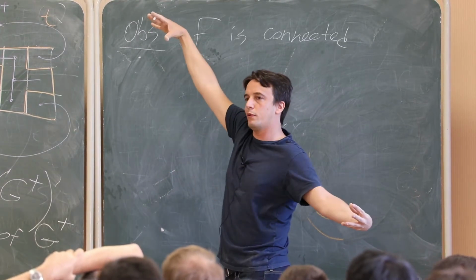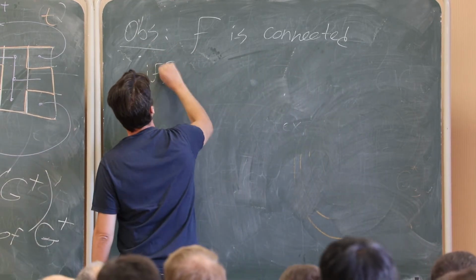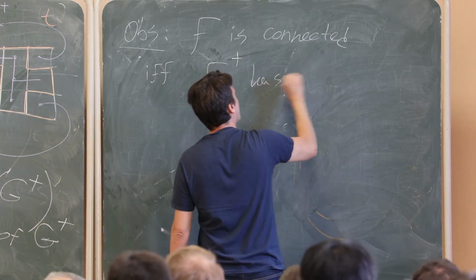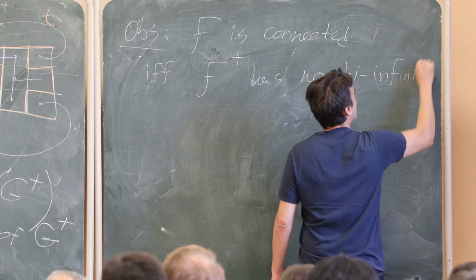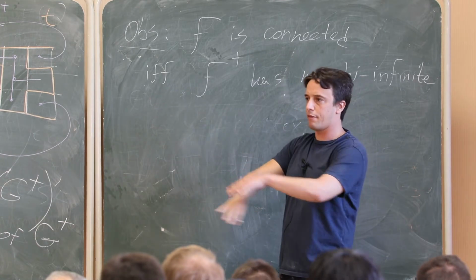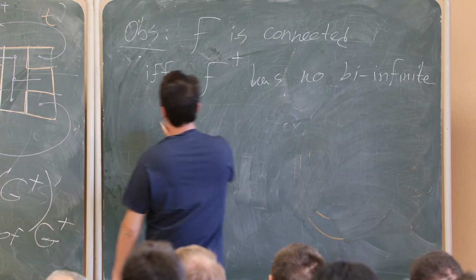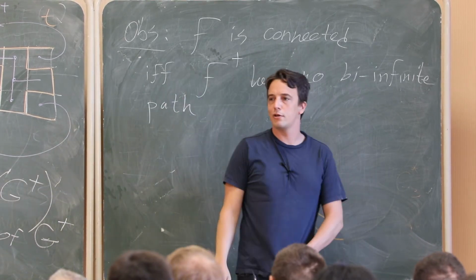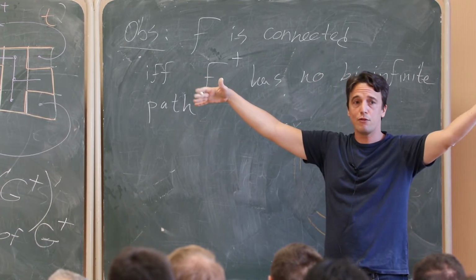But if all the components are infinite, F is connected if and only if F cross has no bi-infinite paths. It doesn't have bi-infinite simple paths. There's no path that is isomorphic to Z. No component contains a bi-infinite path.